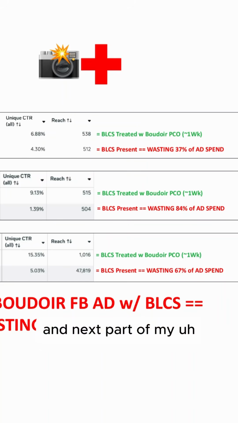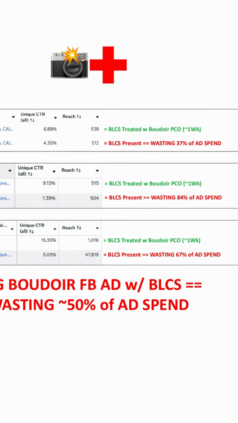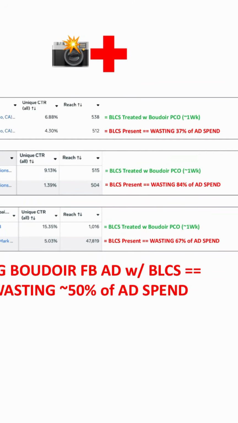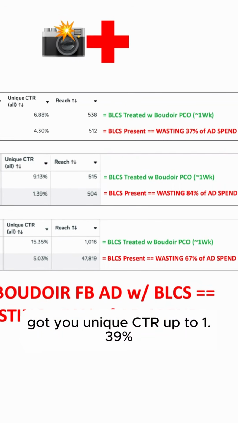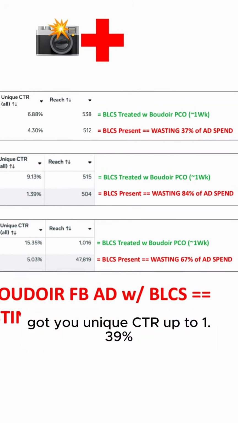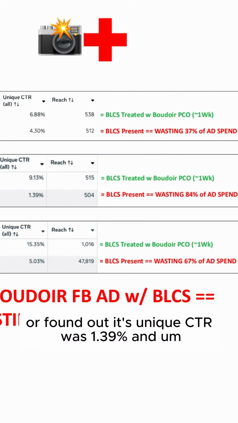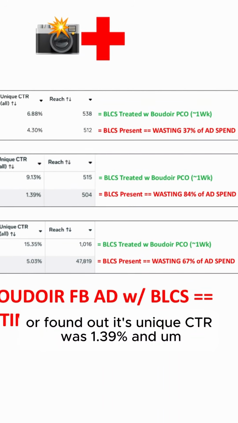And next part of my residency, the second Boudoir Facebook ad, got a unique CTR of 1.39%.